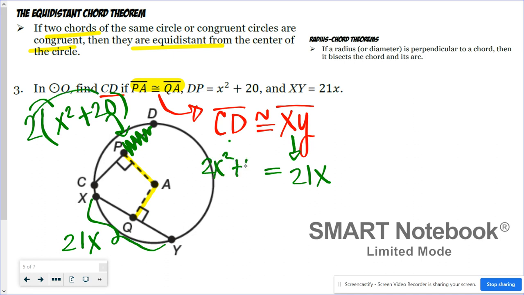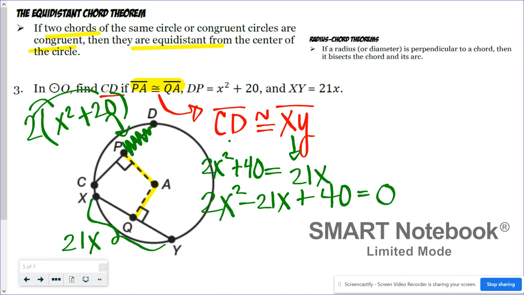So what we have here is a quadratic equation. Okay, and we're going to solve this by factoring. So in order to solve any quadratic equation, you have to first get it equal to 0. And so I'll do that by subtracting 21x from both sides. Okay, and then once I have it equal to 0, I can go about my chosen process, and I've chosen to factor it.